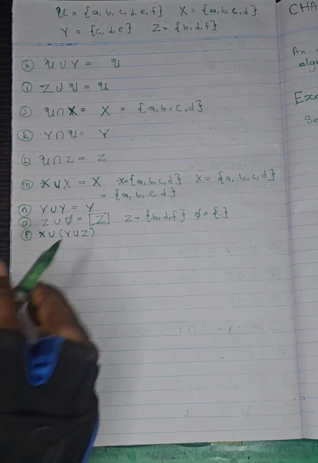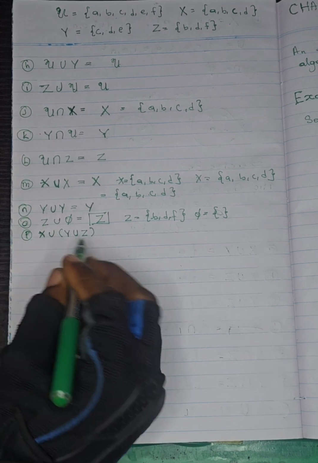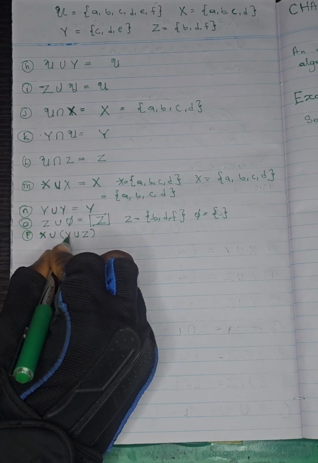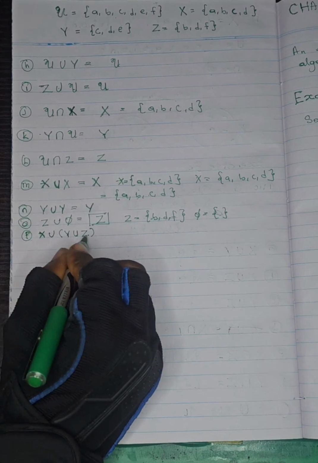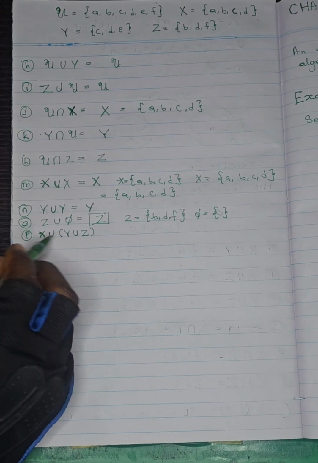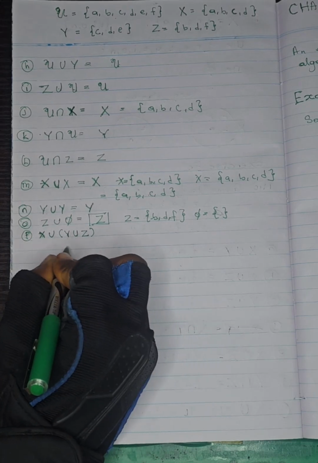So we will first get the union of Y and Z. Then whatever you get, you solve the union of that value and X.